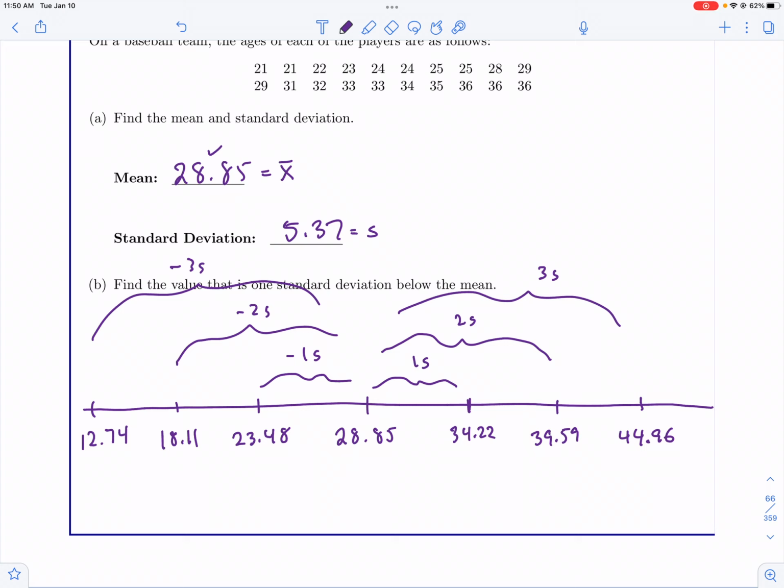And so again, pretty much almost all of our data is going to live somewhere between this 12.74 and the 44.96, and we can see from above that that's actually definitely true, because we don't have any scores below 12.74, and we don't have any ages above 44.96 either. But all right, so just hang on to that for a little bit. Just make sure you remember, if you take the mean, keep adding the standard deviation, that can build our upper part, subtract the standard deviation to build our lower part.